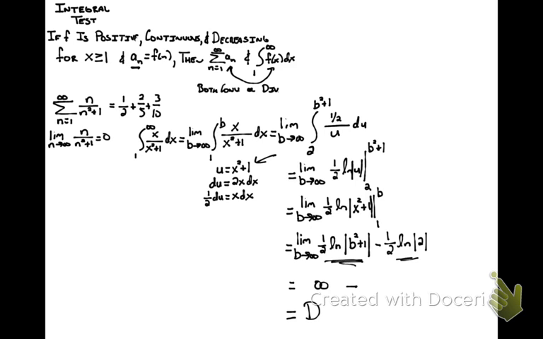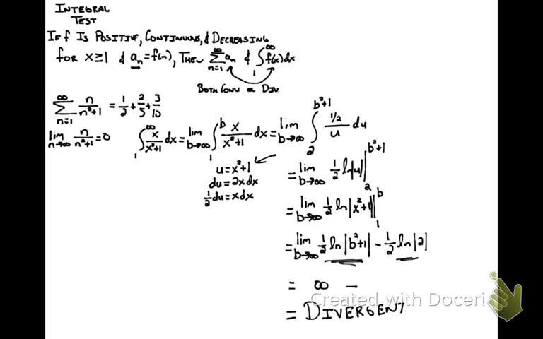This is a divergent integral. And because the integral is divergent, so is the series. They must do the same. Now, they're not equal, but we can conclude the same thing about them.